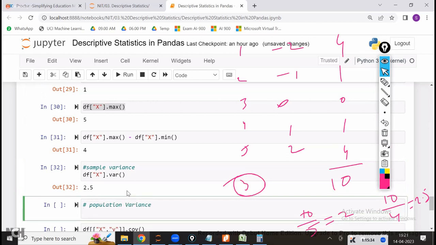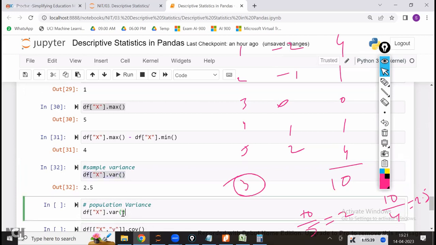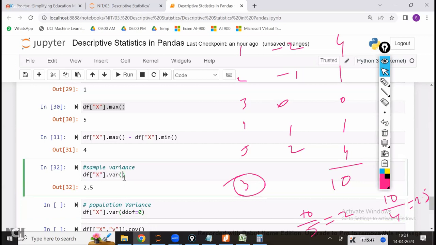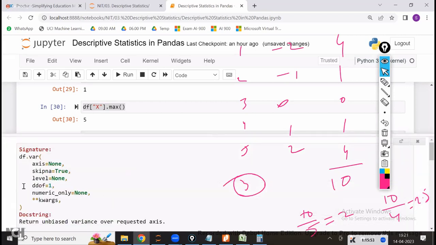If you want population variance, inside df of x dot variance, you have to take ddof, degrees of freedom, equal to 0. Here, if you open with Shift Tab, by default it is going to consider the ddof value equal to 1, by default n minus 1.